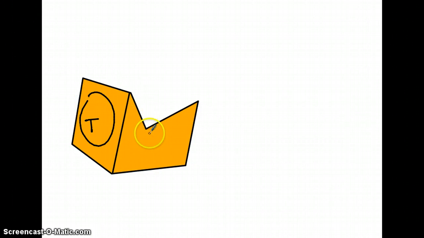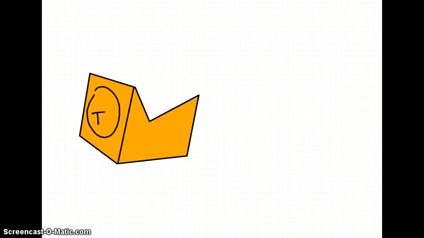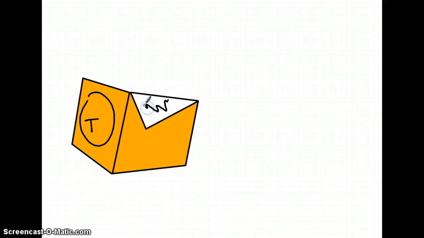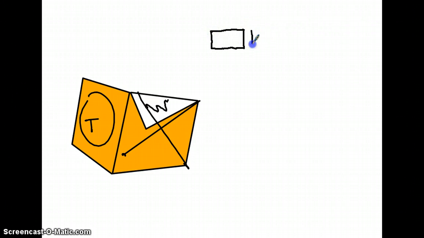And then maybe over here I have some other shape. Maybe I would know how to find this triangle, and then I could subtract that from this other bigger quadrilateral. Now this diagram isn't very helpful, but basically what the area addition postulate means is if I wanted to find these two areas, and I knew they didn't overlap, I could add them, and I'd get an area that was something like this.